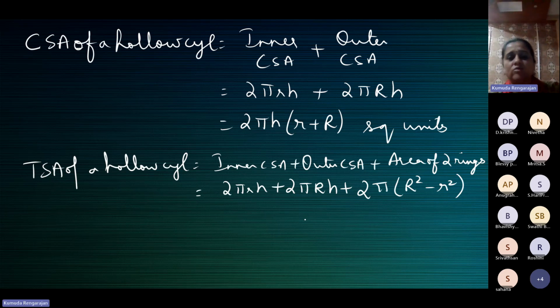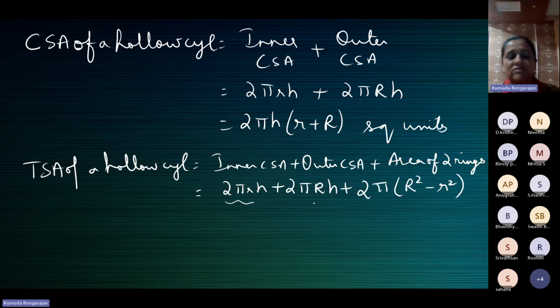So you don't have to take out common and all that. I'll tell you now. Yeah, it's time already. We'll take a question and I'll tell you how you can solve it in the next class. So you can actually take out 2 pi common and give a different version of the formula, but I'll leave it here because we can find it separately.